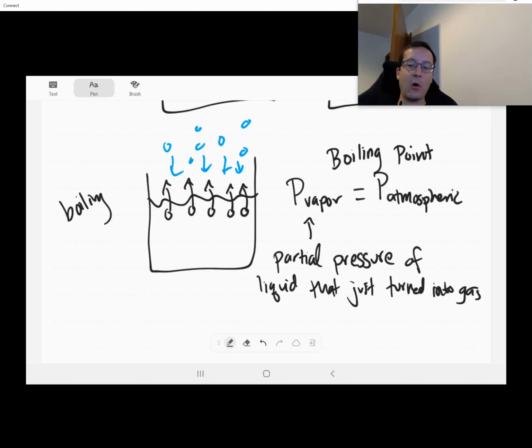And so, you may have read at some point in your life on a package of pasta or rice, where it says, boil for whatever amount of time. And some of them will actually say there's an elevation correction.